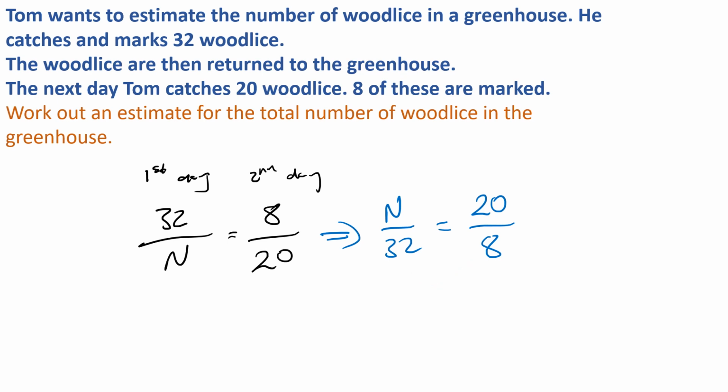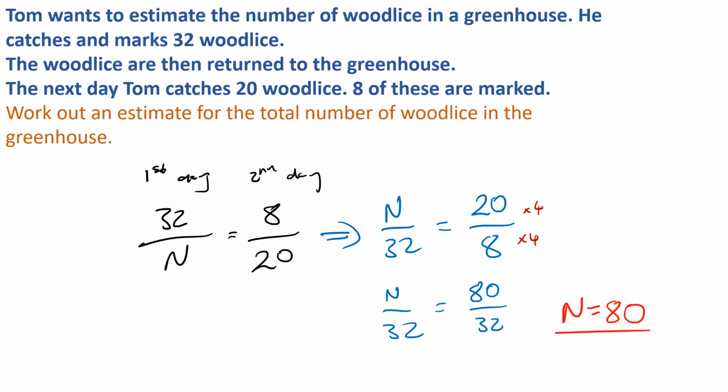So if I take this fraction on the right and multiply top and bottom by 4, which doesn't change the fraction, we get the right hand side as 80 over 32. And on the left hand side, I've got n over 32. Well, if my denominators are equal, then my numerators have to be equal. So in this case, I've got n is 80.